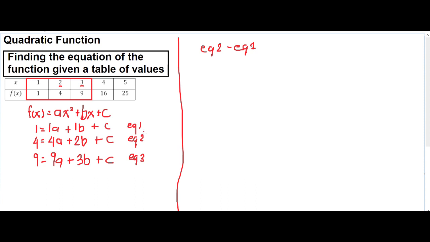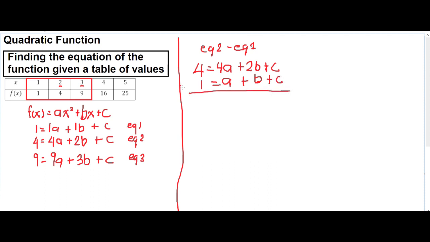Meron kang, ang equation mo, ito, yung 4. 4 is equal to 4a plus 2b plus c. Wherein your equation 1 is 1 is equal to a plus b plus c.